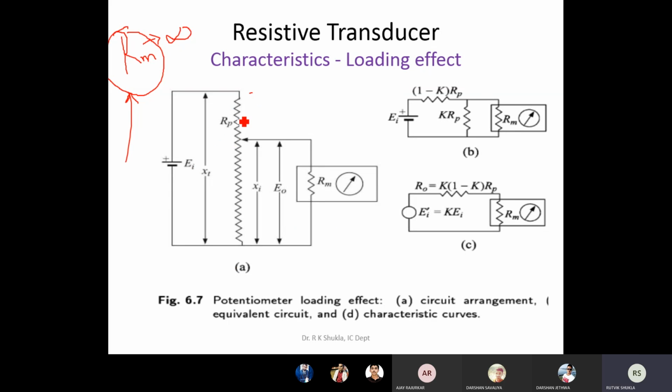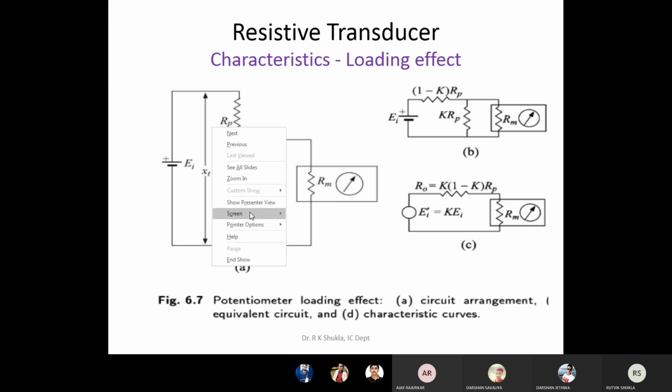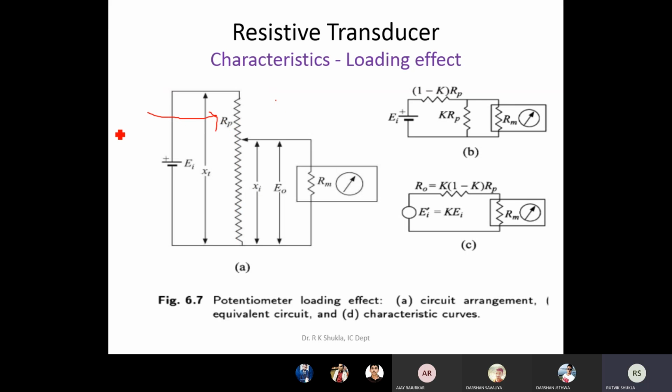Here, this is your RP. RP is nothing but your potentiometer. The potentiometer or your displacement resistive transducer, both are one and the same. So this is your displacement transducer T. Suppose the resistance of this transducer is denoted by RP. The total length of the potentiometer is denoted by xt.